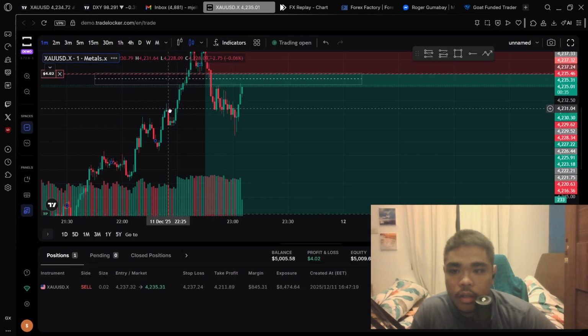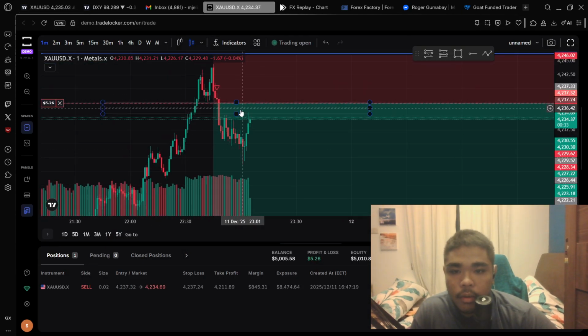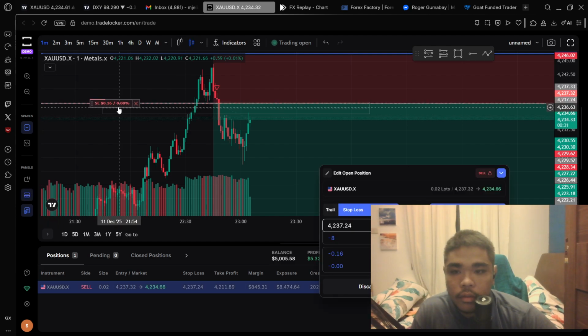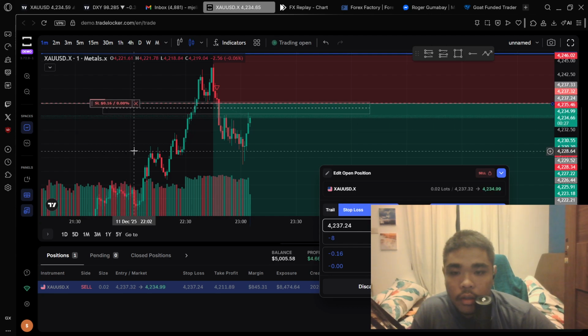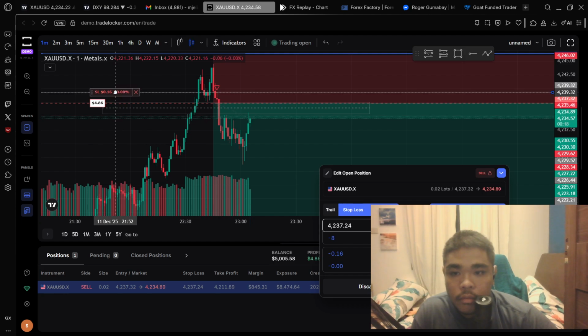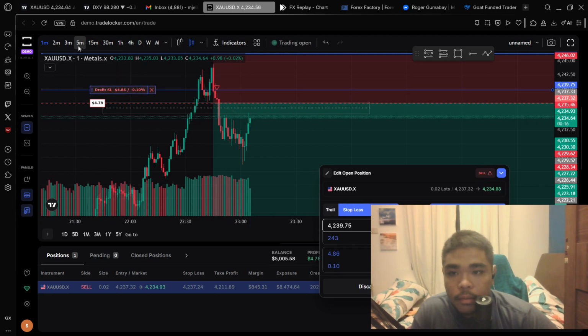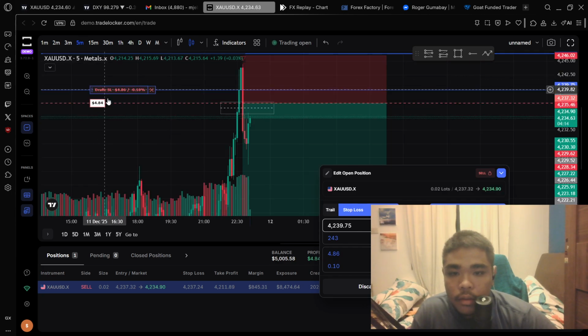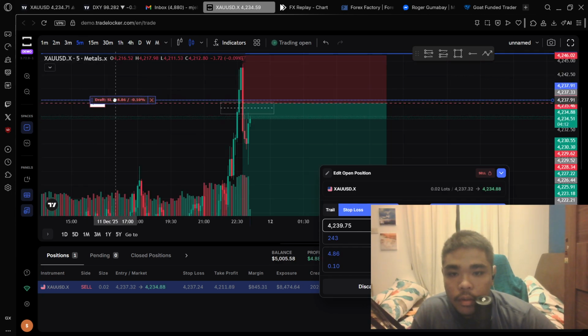We could adjust our stops, to be honest, just above that level. Here's the fair value gap, 5 minute. Right here. So we could adjust the stop loss at this level.